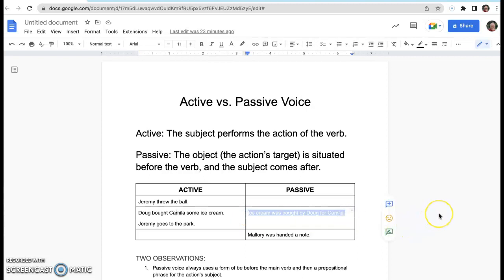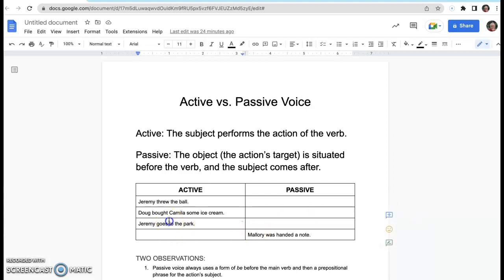This is when it starts looking kind of awkward, though. So, ice cream was bought by Doug for Camilla. It just feels unnecessary. So you can start to see why, though in this case it's not grammatically incorrect, it certainly is awkward. And in good writing, you would want to avoid this.